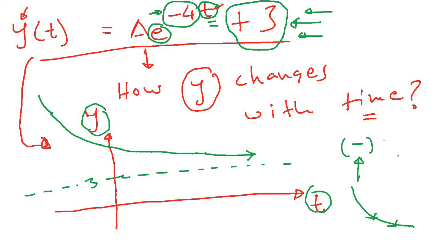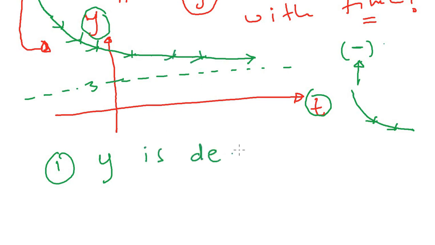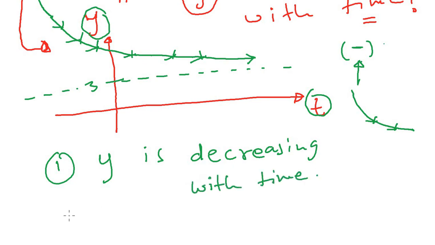There is some important information we can take from this graph. First of all, the graph is telling you that y is decreasing with time. So y is slowly falling with time. For example, depreciation: the value of a machine can decrease with time like this.